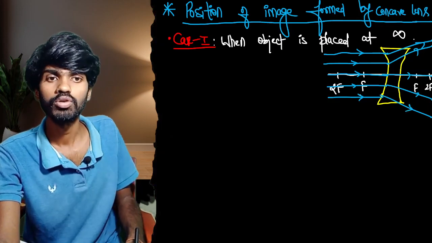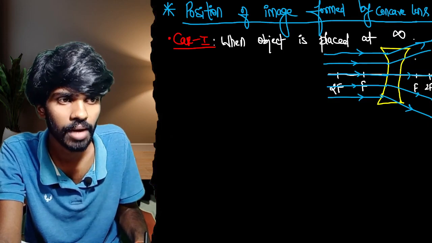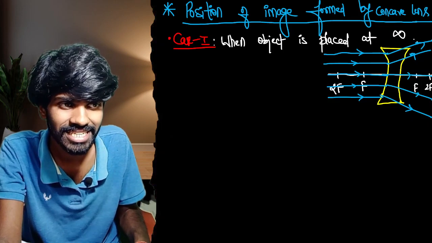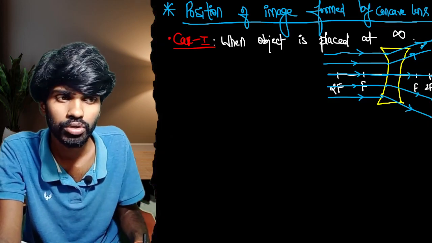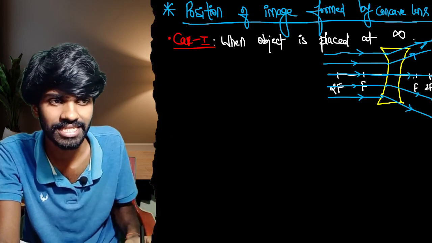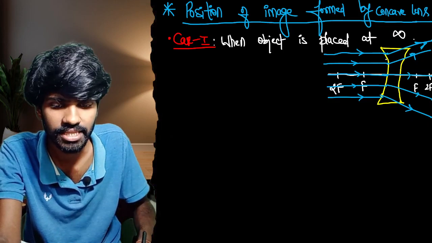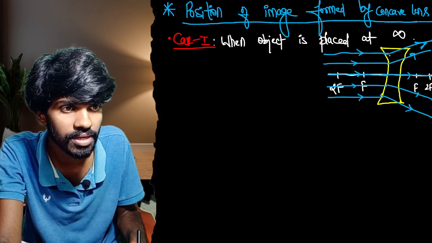Okay. So about the image found by this lens, you can see that in this side these rays are getting diverged, so there is no scope of meeting of these rays in this side. So how the image will be formed, we can see that the image will be formed like this.